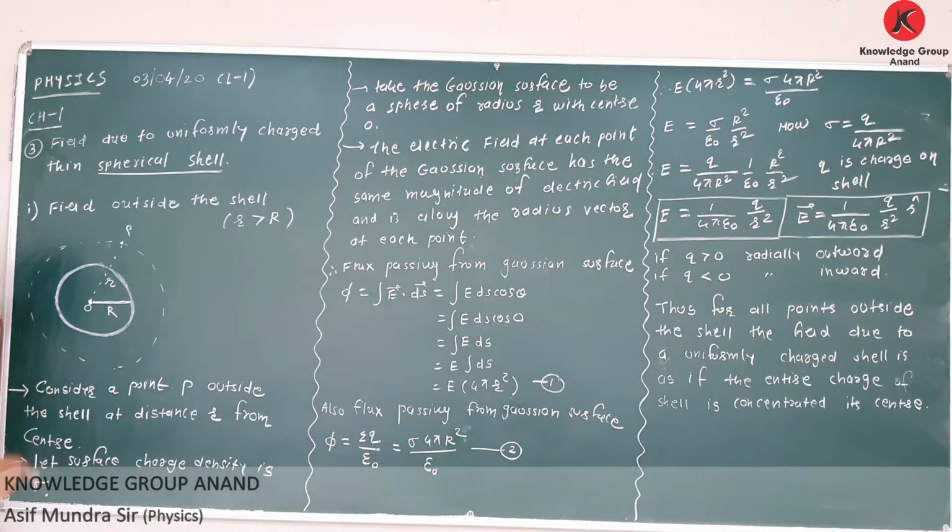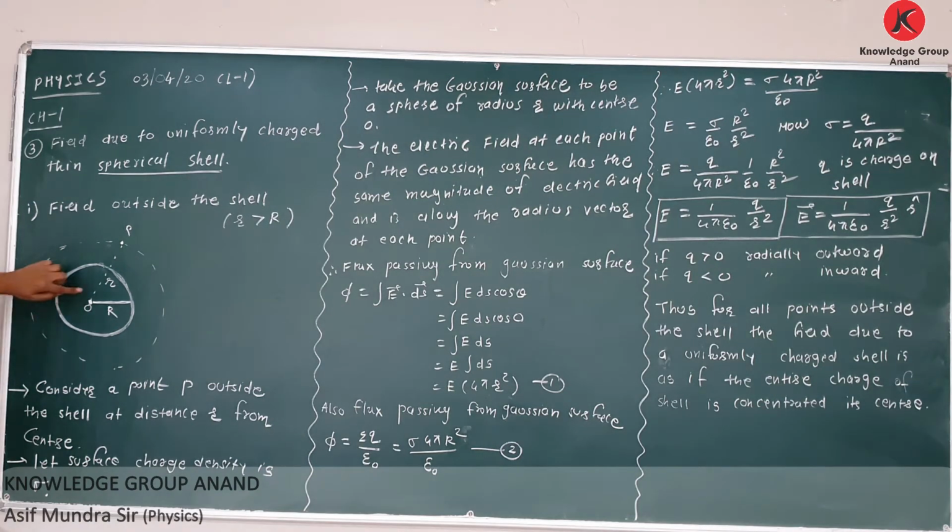Now, to apply Gauss law, first of all we have to select one Gaussian surface. Select a Gaussian surface, a sphere of radius r passing through point P. Now see, from the figure it is clear that each and every point on the Gaussian surface is at distance r from the center.